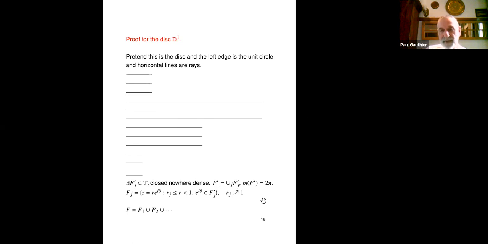Then we can approximate, and in particular, we can get such that the union has measure 2 pi, and so we set F the union of all these rays, the union of all these rays ending at this boundary set F prime on the unit circle.